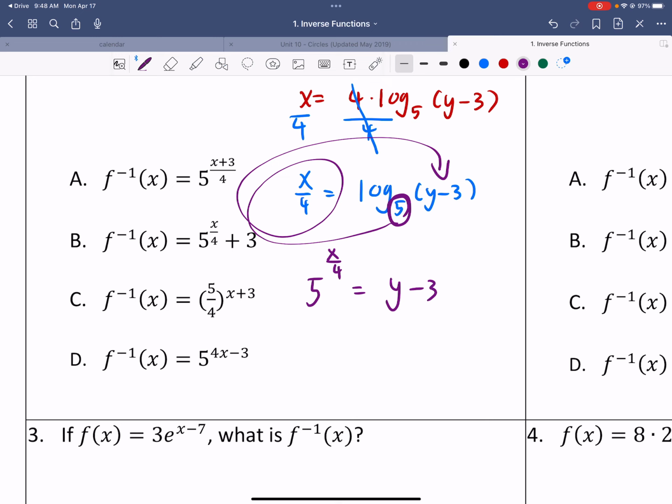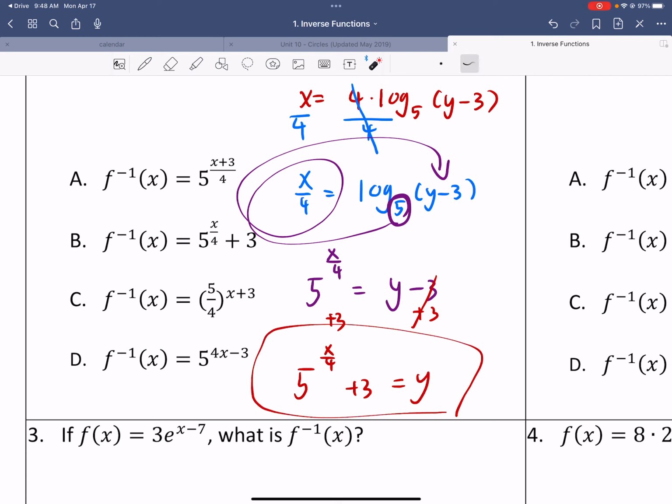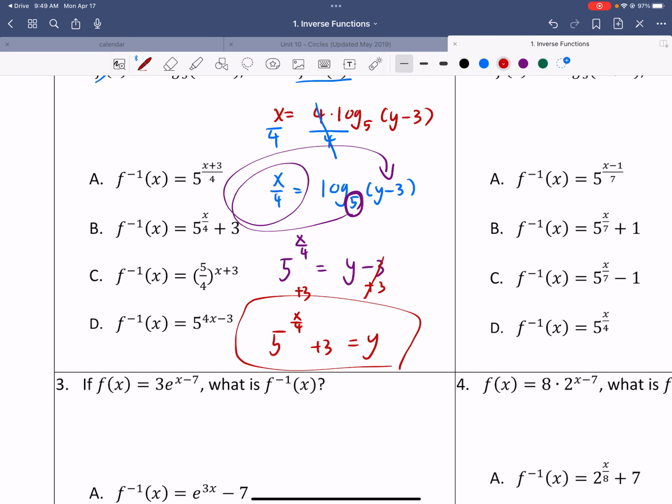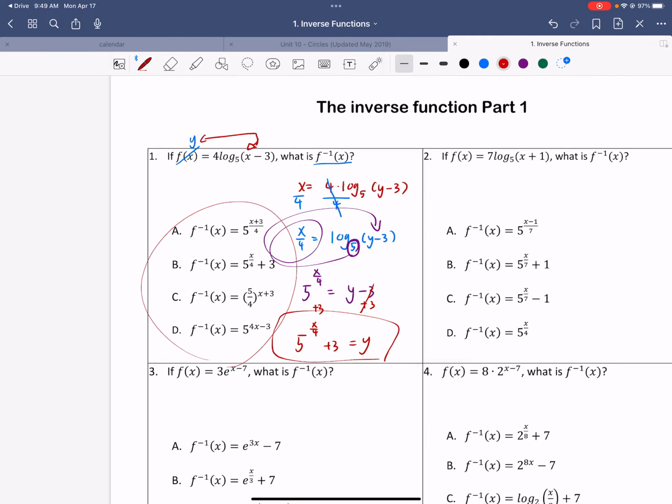And if you want to solve for y, the only thing you have to do is plus 3 on both sides. And remember, this plus 3 is outside of this exponent, so it's going to be 5 to the x over 4, plus 3, is equal to y. Okay, and obviously you have to finalize this y as f inverse of x. See which one matches. So find the answer which one matches, okay?